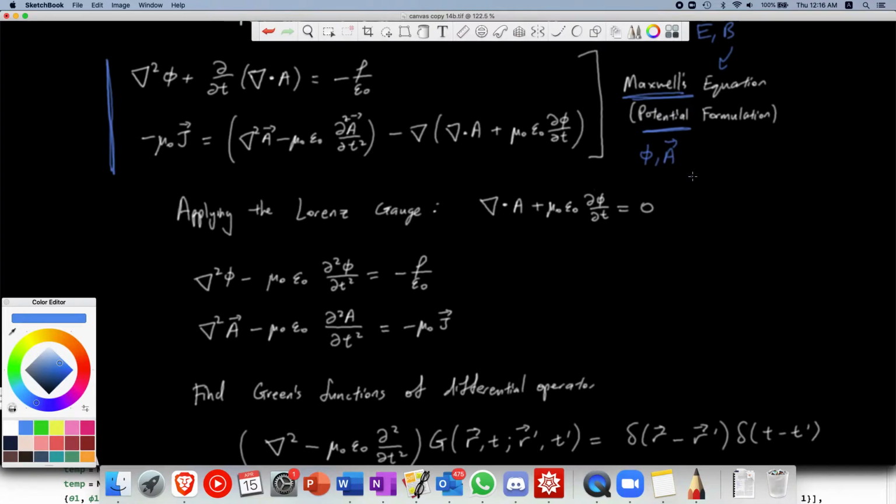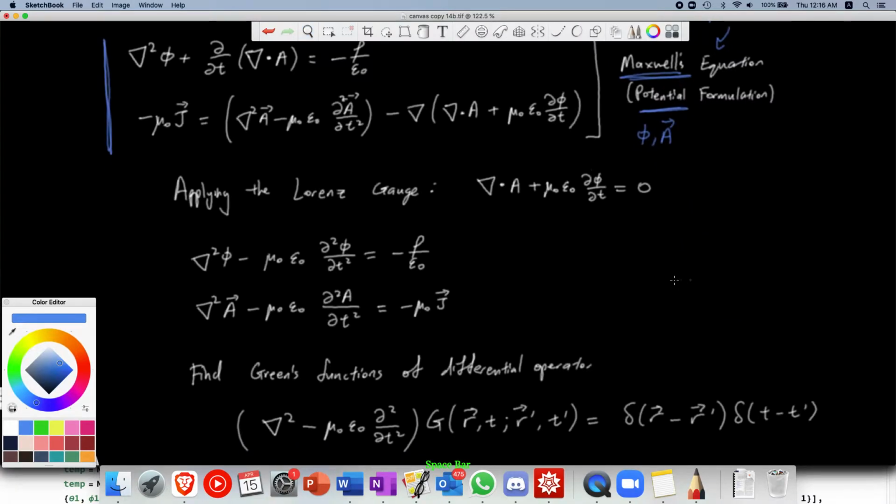Then because there's a gauge degree of freedom for our potentials, we can choose the Lorentz gauge, and this will simplify the 2 equations into the following 2 equations.